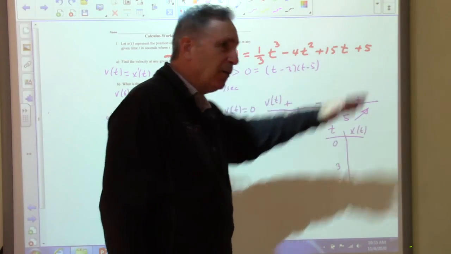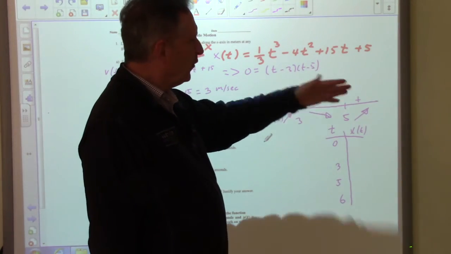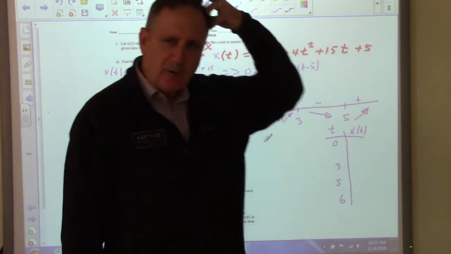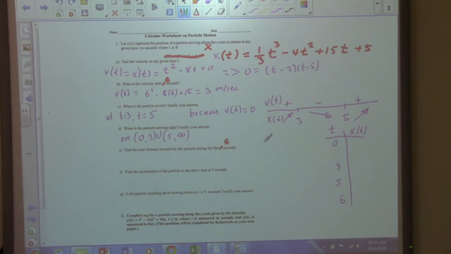You're talking about total distance, because you're not looking at the difference between this number here and this number here. You have to find all these absolute values, because going backwards is going to be a positive value too. So it's whole distance traveled.